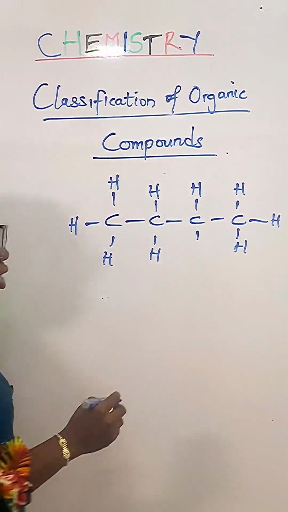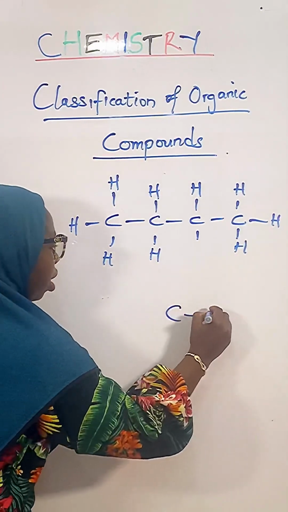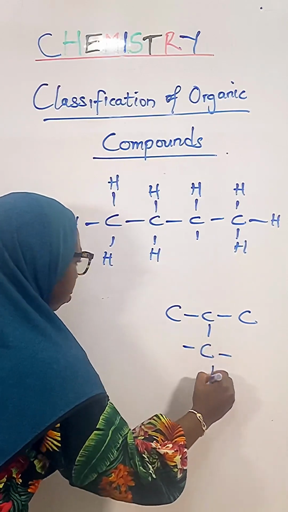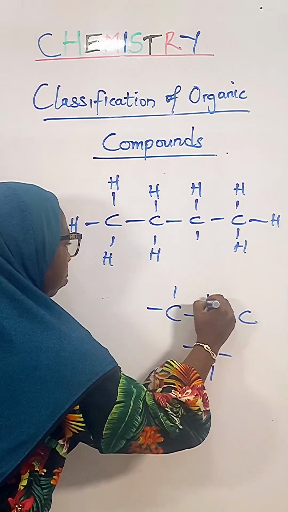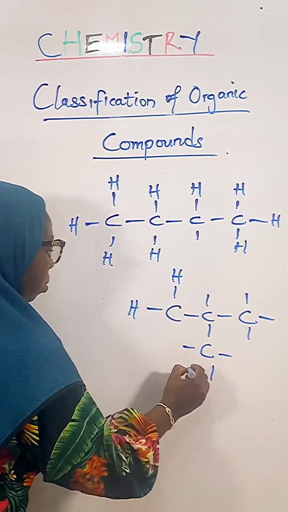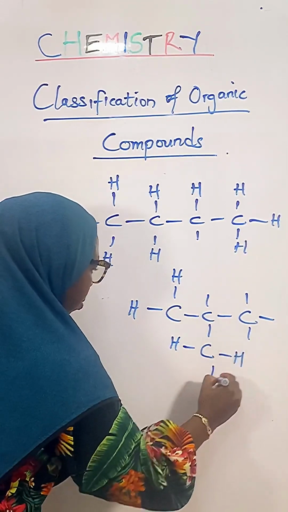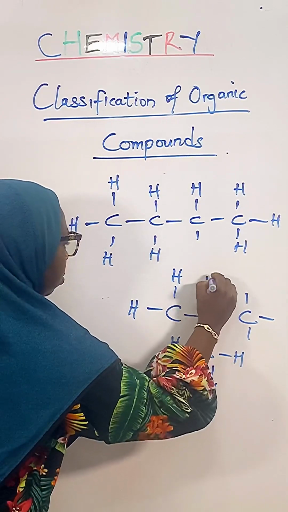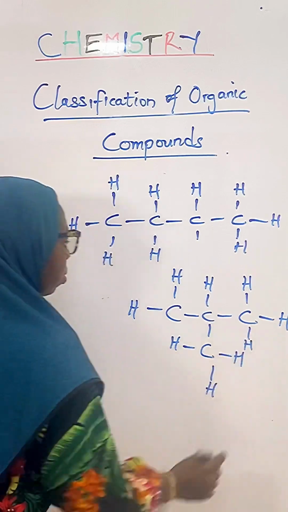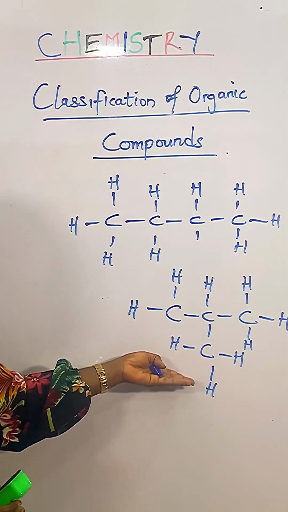When we now say branch chain, let me give you an example of a branch chain. So this is an example of a branching.